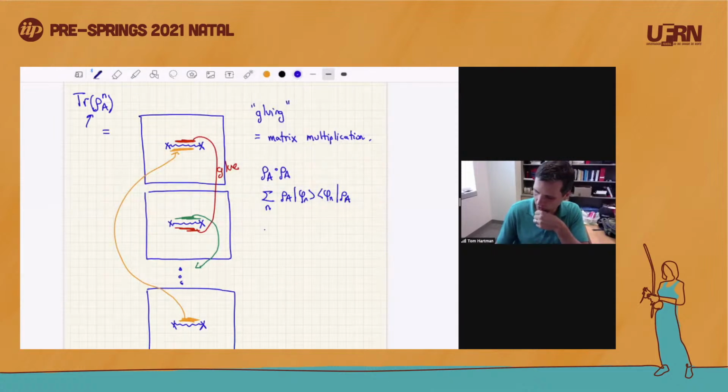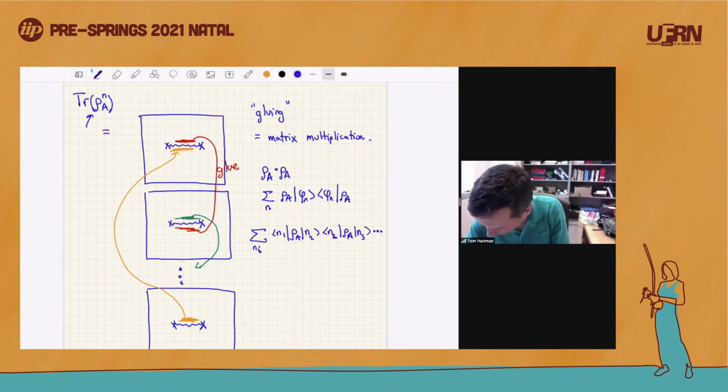Okay. So we're doing this trace, which is the sum over ni, of n1 rho A n2 rho A n3 and so on.